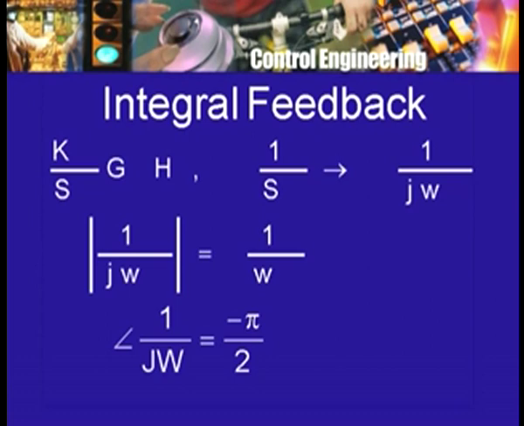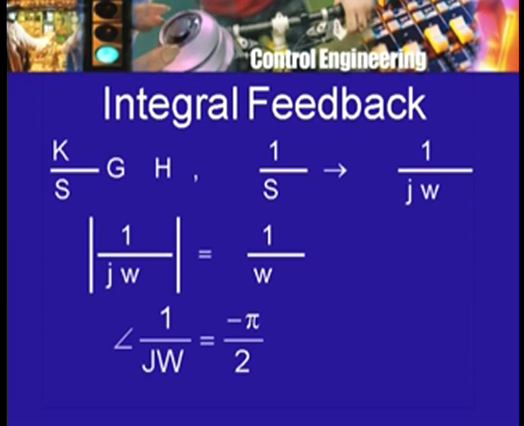But if you have noticed carefully what I did last time, there was a small mistake that I committed there. In fact, there were two mistakes which have to be noted. There was this factor 1 by j omega. Now, let me repeat, the modulus of 1 by j omega is 1 by omega. Now, for small omega, this is very large.